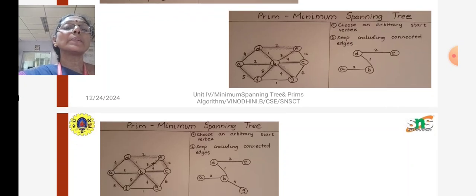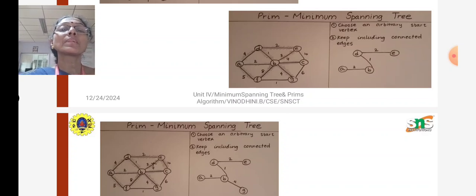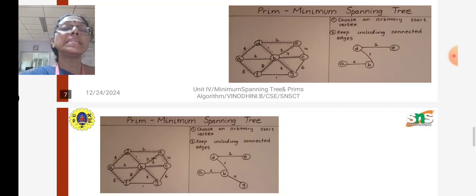From B, the minimum is from B to D, so go to D. From D we have B and E. B is already visited, so visit E with a weight of 2. Next, from B we have the adjacent vertices C, G and F, and the minimum is B to G, so select G.